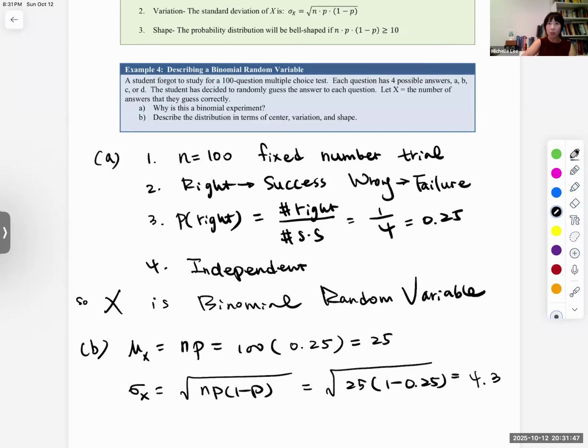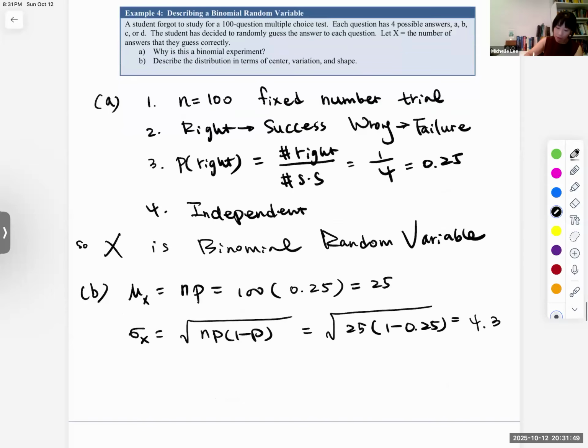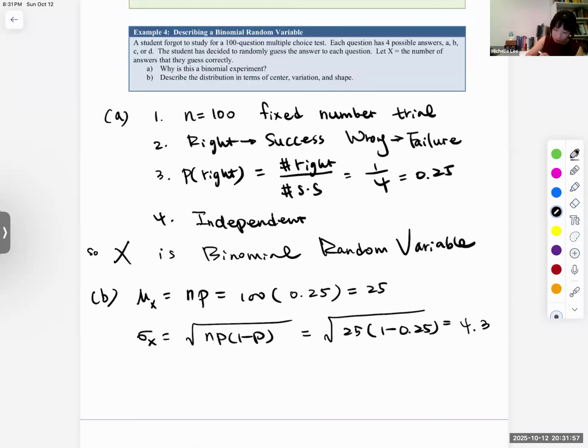Now, check the bell shape. We check whether n times p times 1 minus p, the value inside the square root, is greater than or equal to 10, right?